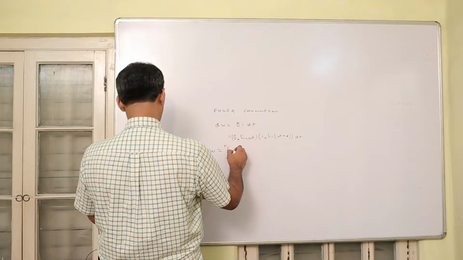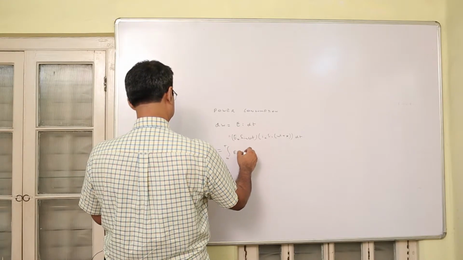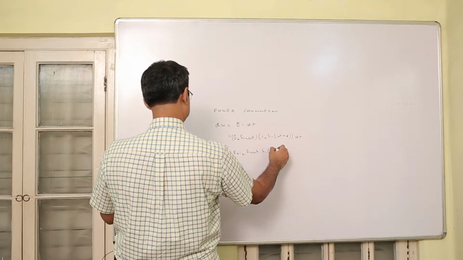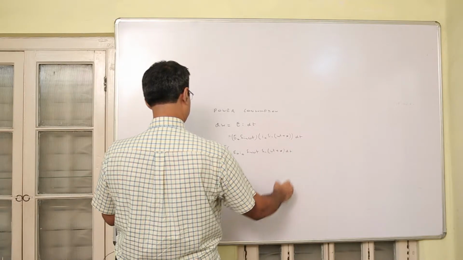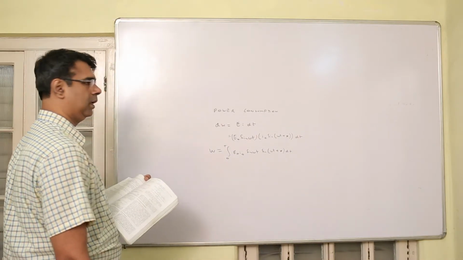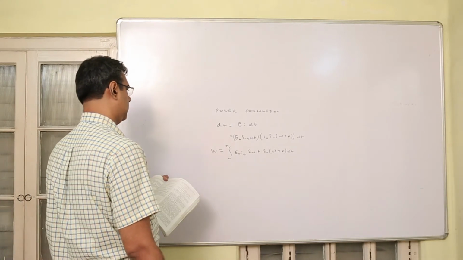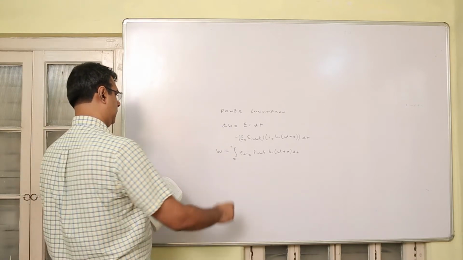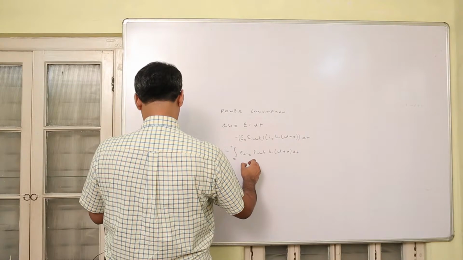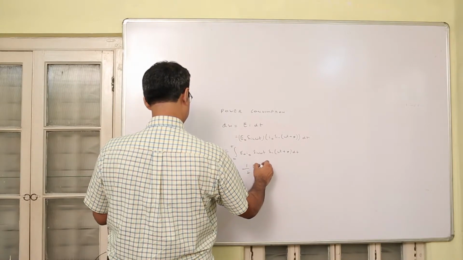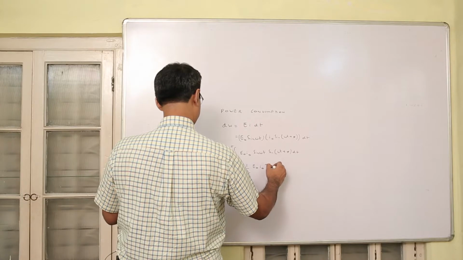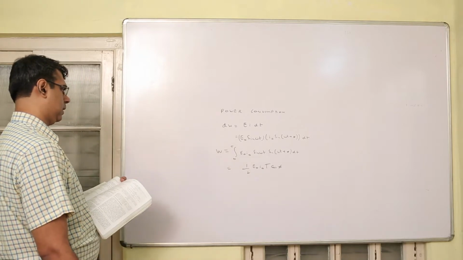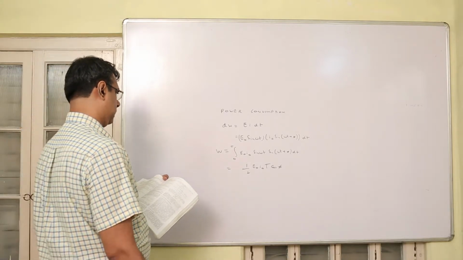So the total work done in one time period is E0 I0 sine omega t into sine omega t plus phi, integrated from 0 to T. After completing the integration, you will find that the answer is half E0 I0 capital T into cos phi.